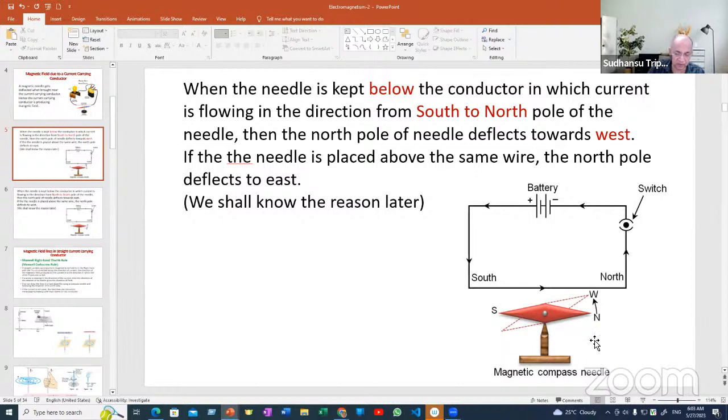The field density will be more because of the interaction of the two fields. When this is below this conductor, then we will see how two conductors kept side by side interact with each other by the cancellation of magnetic fields, by the reinforcement of magnetic fields.